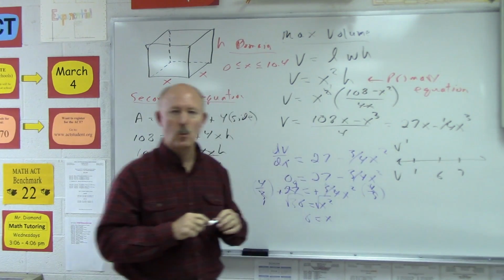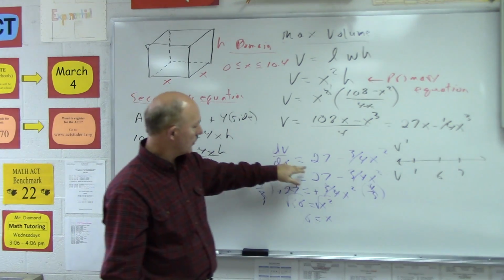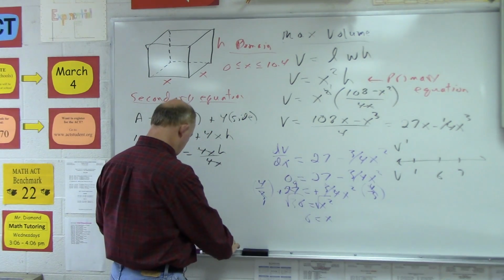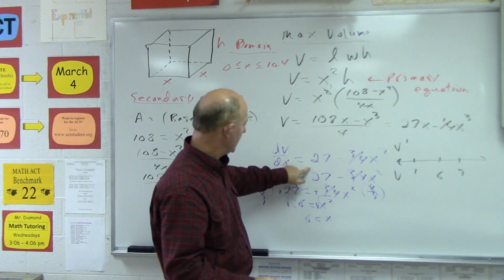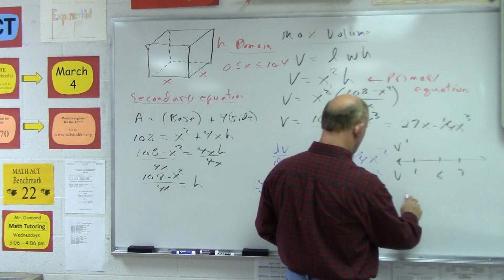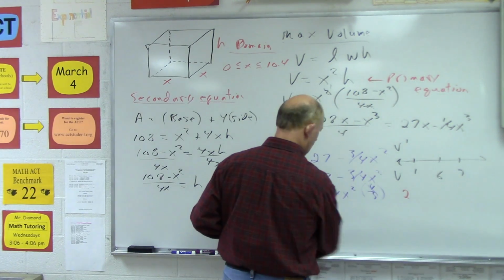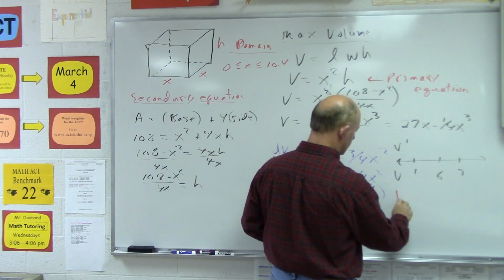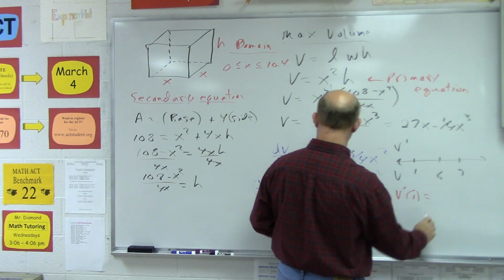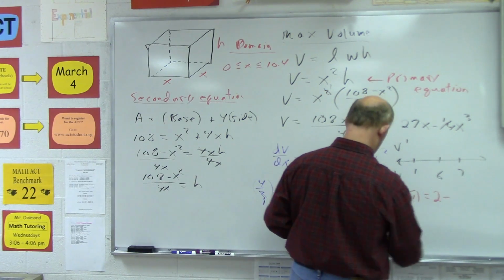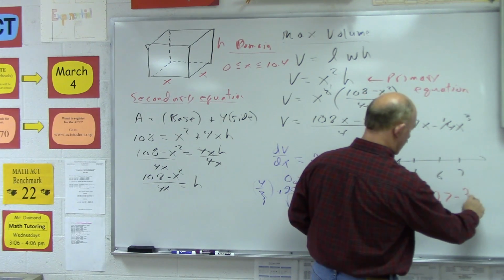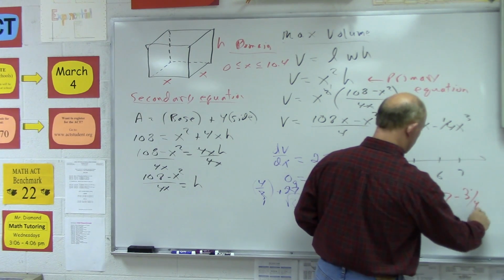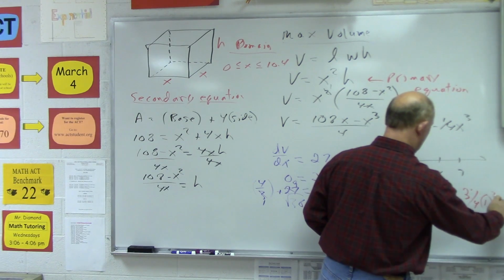All right, so substituting 1 and 7 into our derivative, let's see what we get here. Okay, let's do the 1 first. So substituting 1 into our derivative gives us 27, so V prime at 1 would be 27 minus 3/4 times 1 squared.